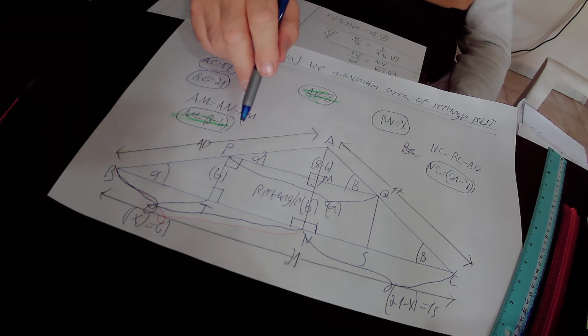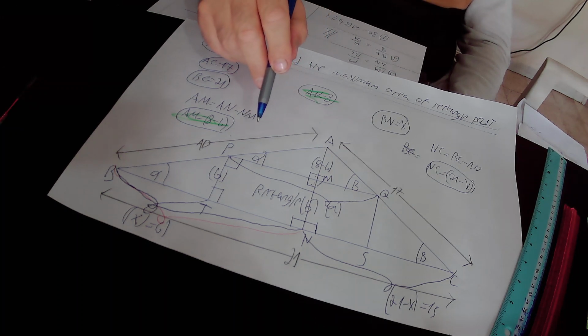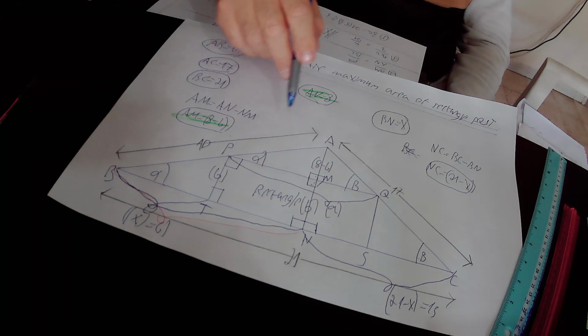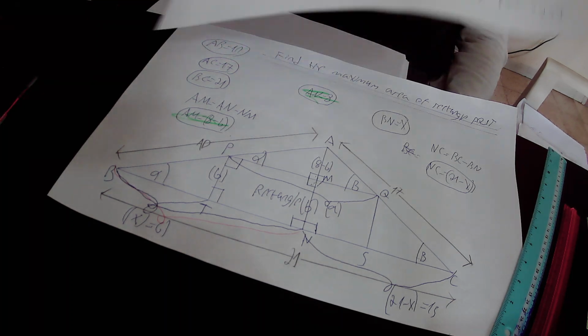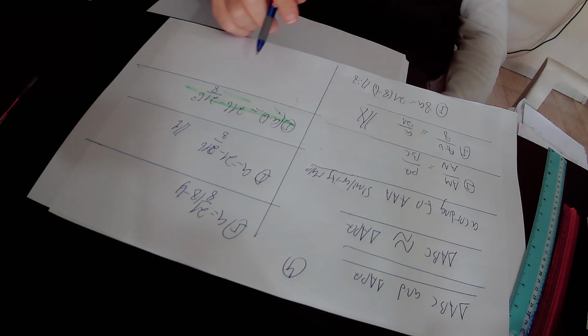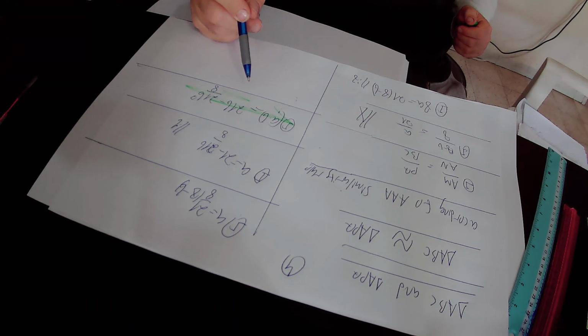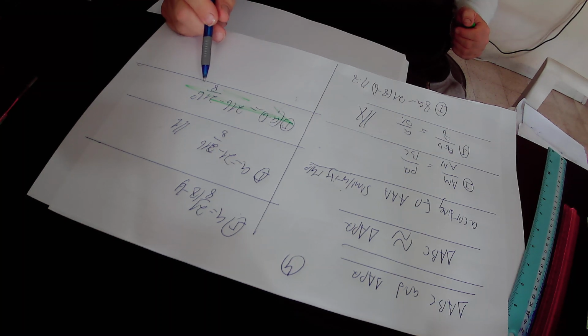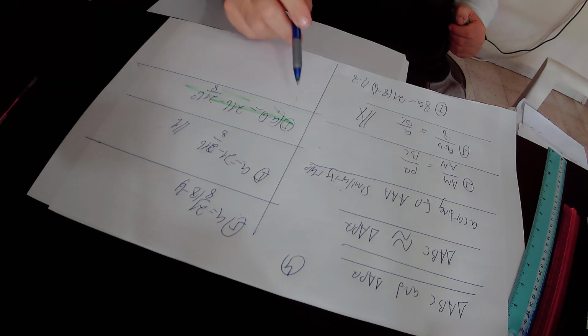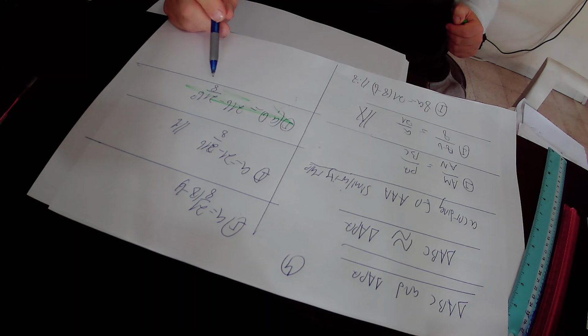The length times the width equals the area of any rectangle, and therefore I shall find out that the area of rectangle PQST equals 21B minus 21B squared over 8. So the area depends on the independent variable, that is B, the width.